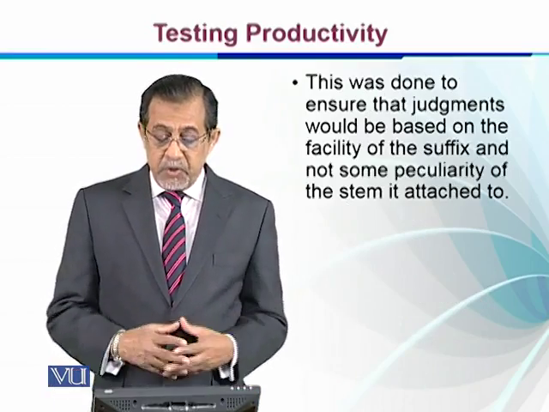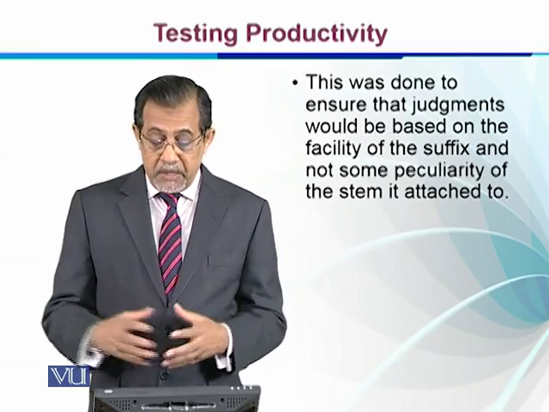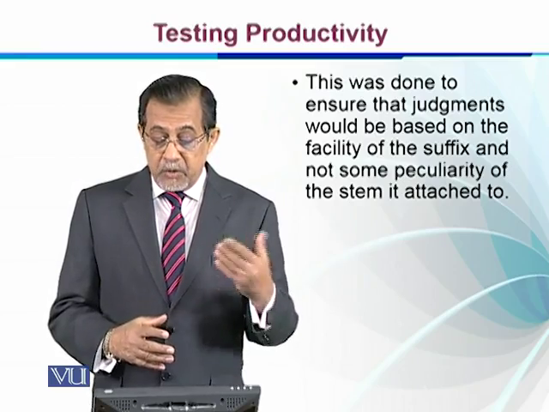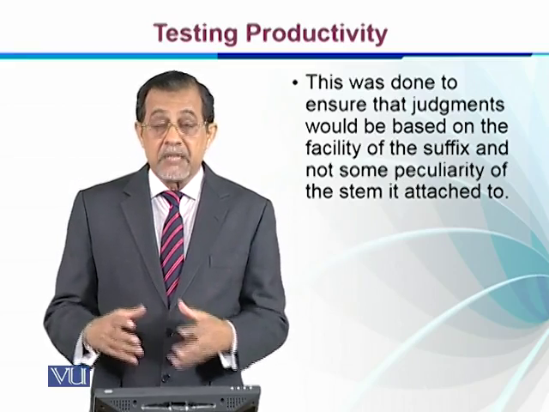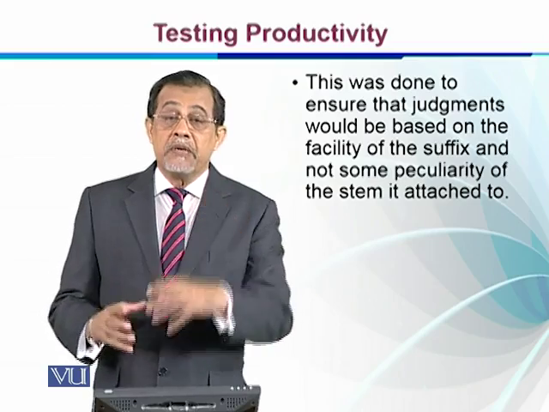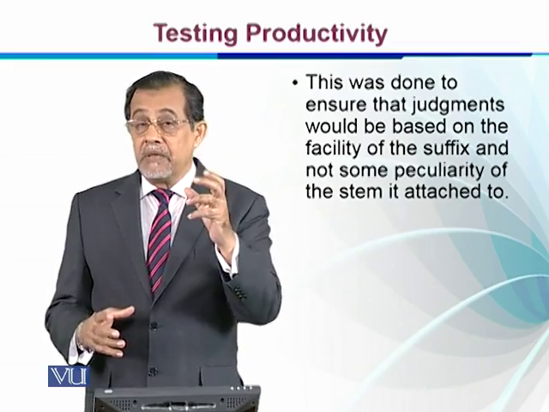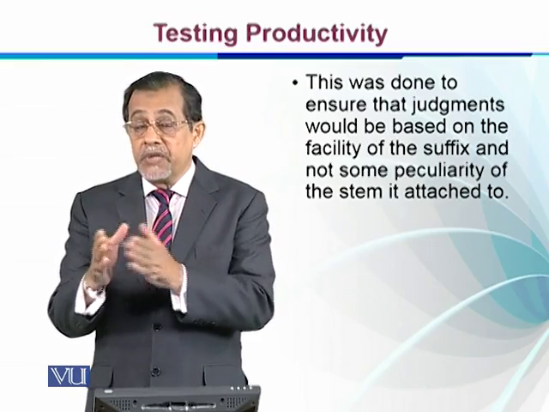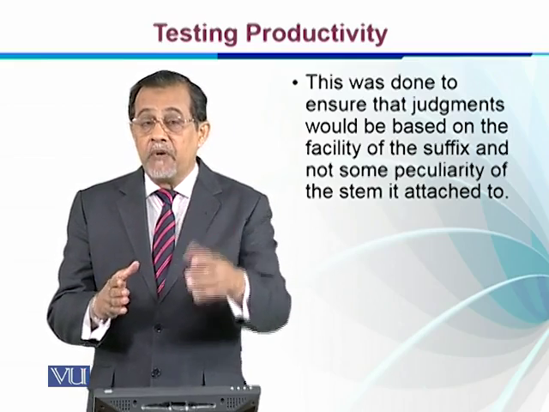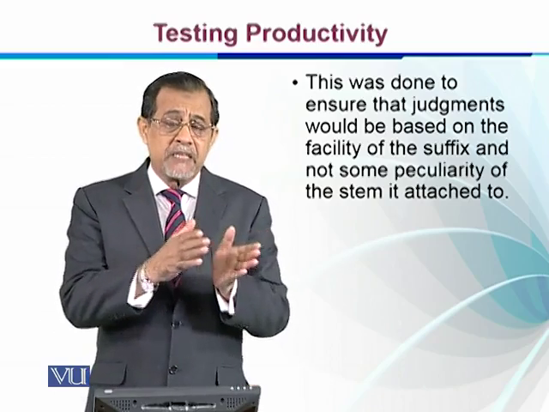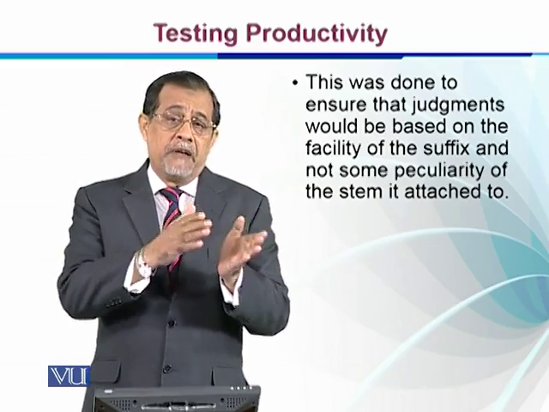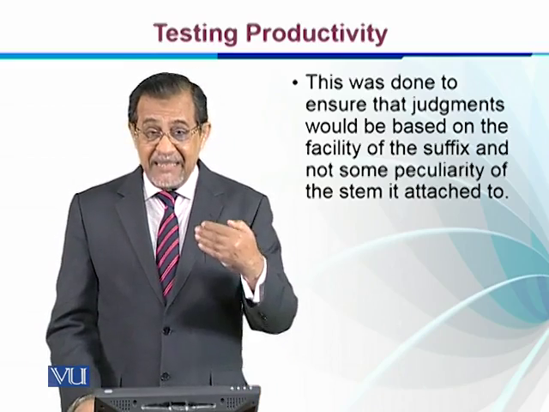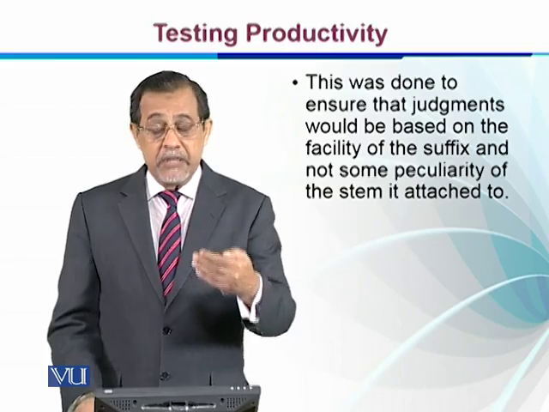This was done to ensure the judgment would be based on the facility of the suffix and not some peculiarity of the stem it attached to. They wanted to see how the subjects make their judgment regarding which words belong to which type, and which affix goes with which word, either ness or ity.